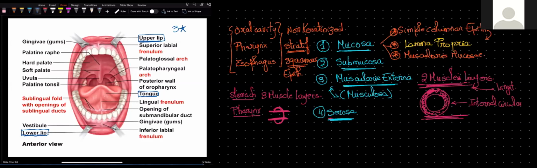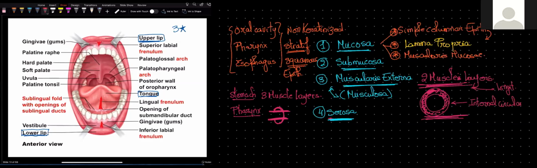You will see that you have a mucous attachment between the upper lip, lower lip, and the tongue. Each of them has a mucous membrane attachment. The upper lip is attached to the mucous covering of the maxillary bone.